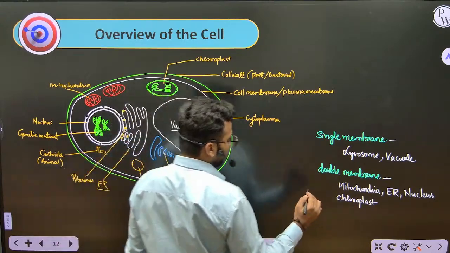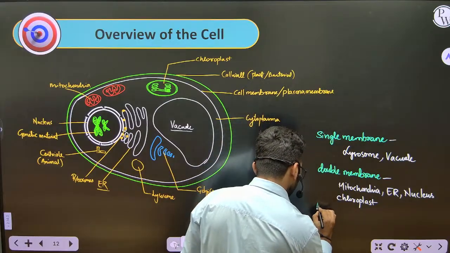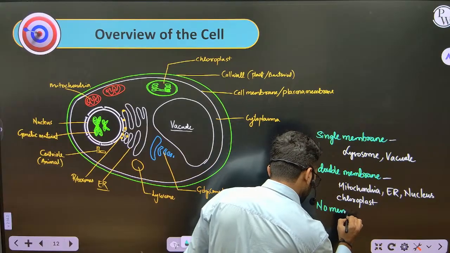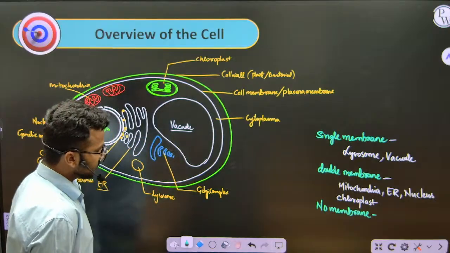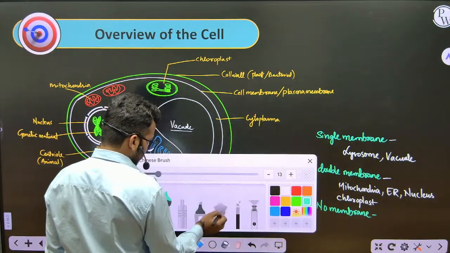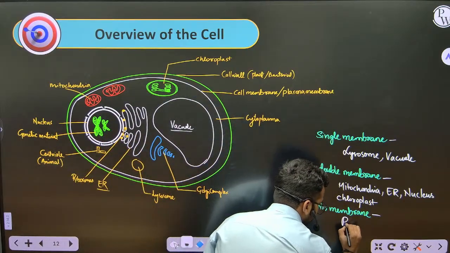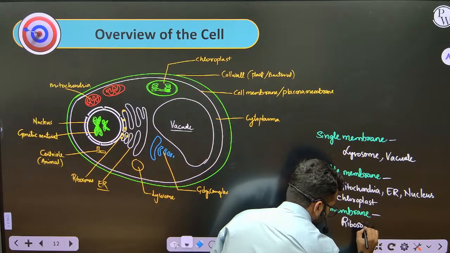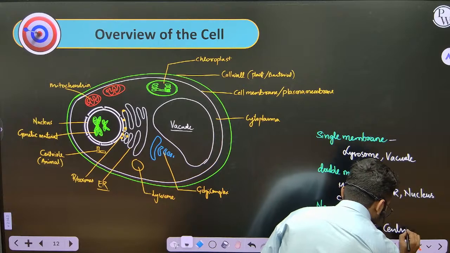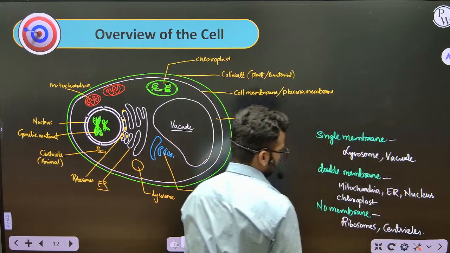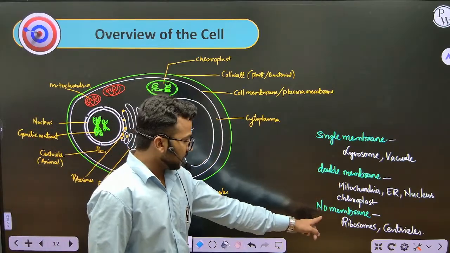Like that, no membrane organelles are also there. So those are ribosomes and centrioles. They don't have any membrane as an envelope.